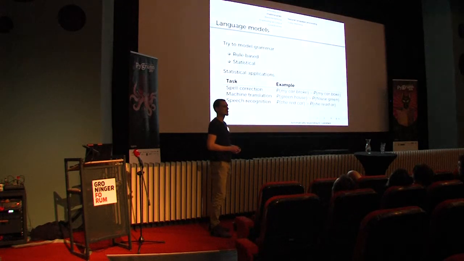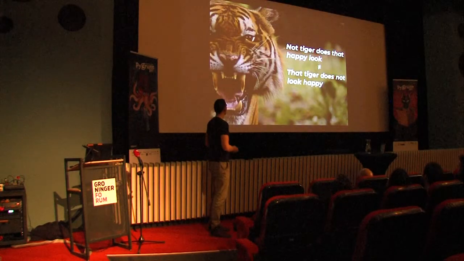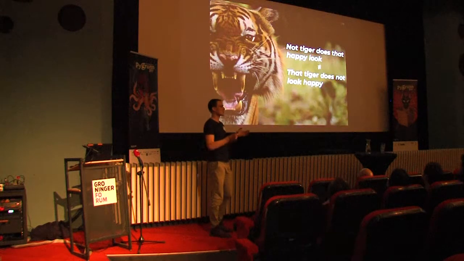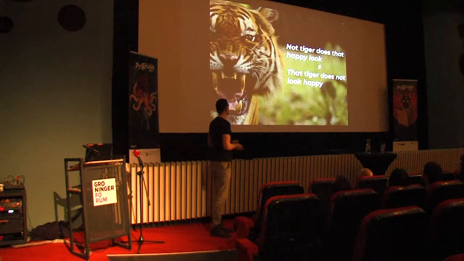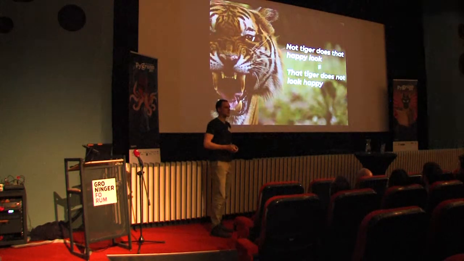It sounds the same. Then language is a sequence of words. It's important what the order of the words is. So not "tiger does that happy look". If you say that to your friend, he probably gets mauled by a tiger, but maybe you can save his life by just saying "that tiger does not look happy".